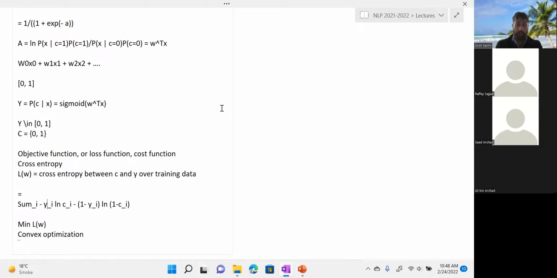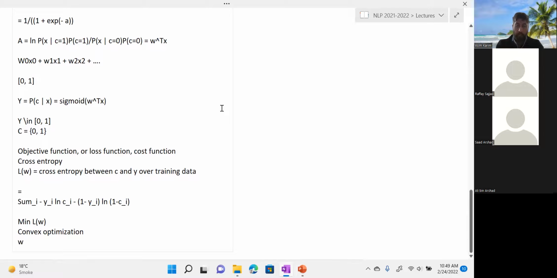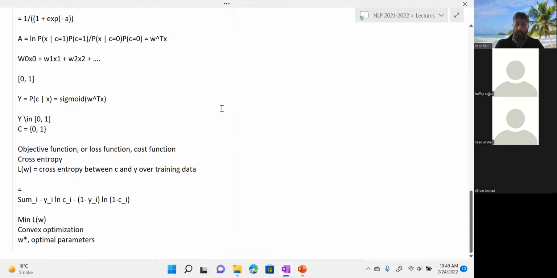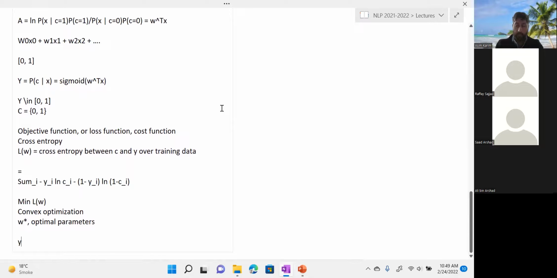If you solve it, you will get W star, the final or optimal parameters. Once you have those optimal parameters, you now have the model. You can use this model to make new classifications.